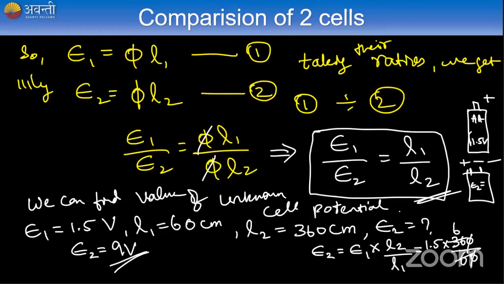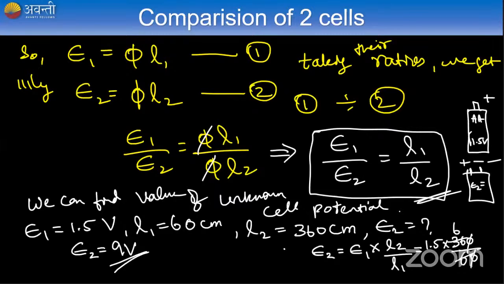Cool, guys. Hope everyone has understood how we compare the value of two cells and how to find the value of an unknown EMF. If we want to find an accurate value, where are we going to use this method, guys?